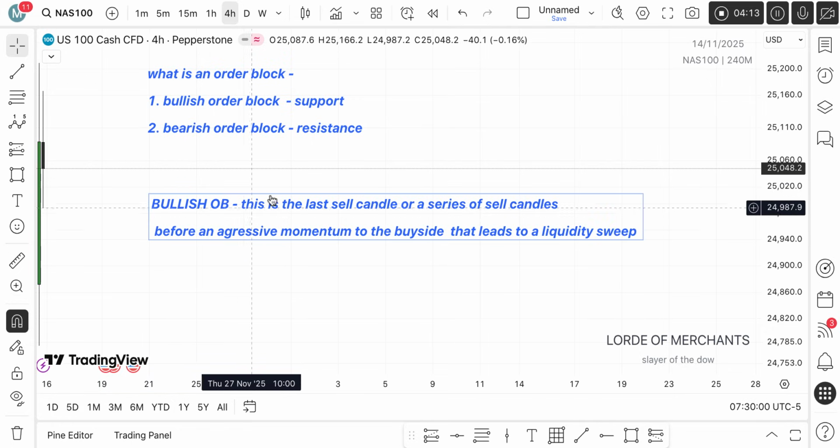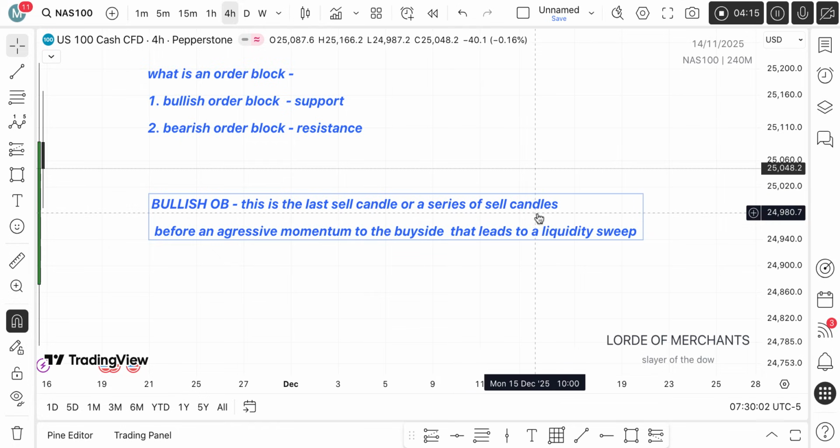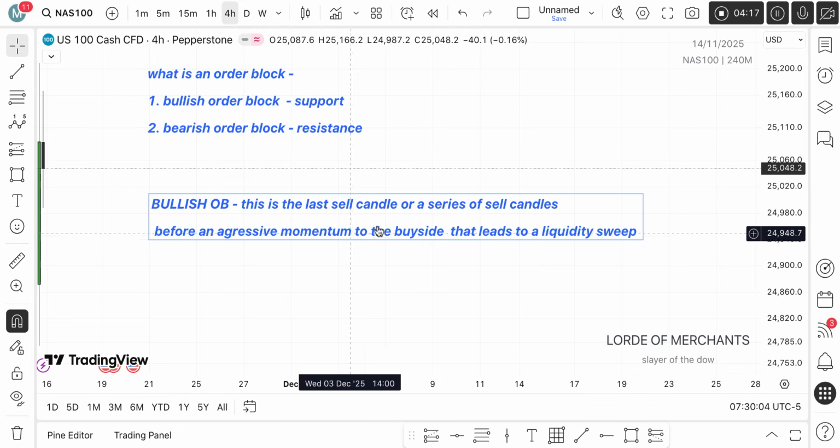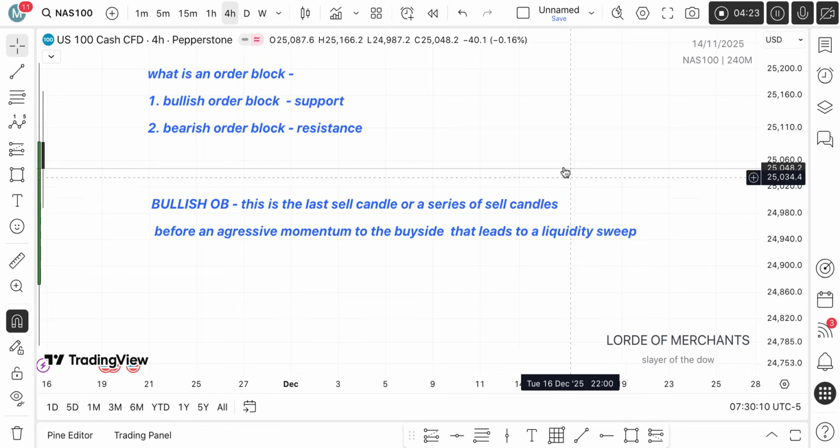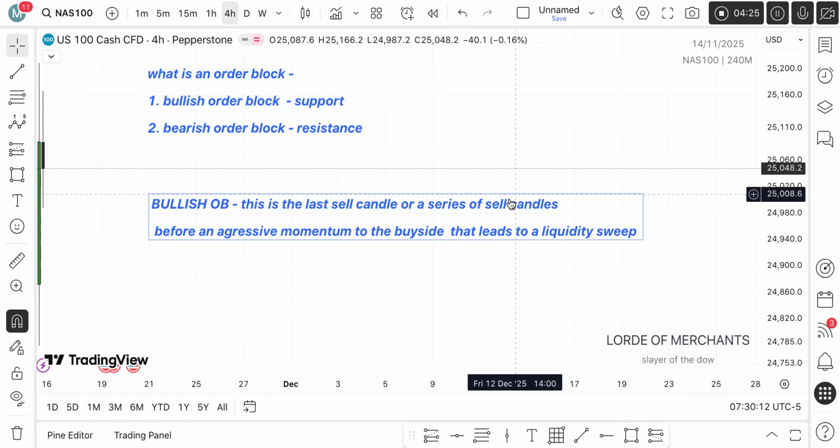So a bullish order block is the last sell candle or a series of sell candles before an aggressive momentum to the buy side that leads to a liquidity sweep on the buy side. This order block gives us support.